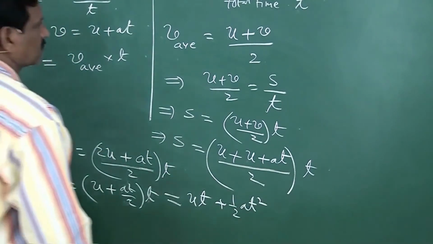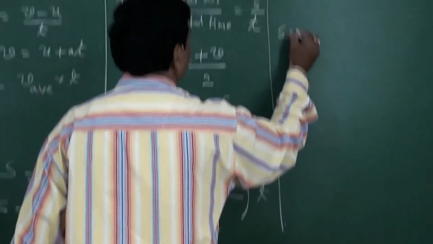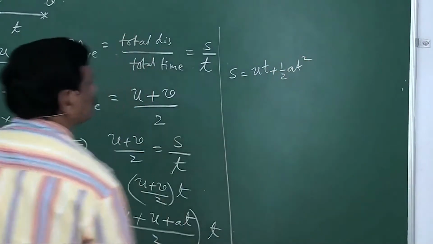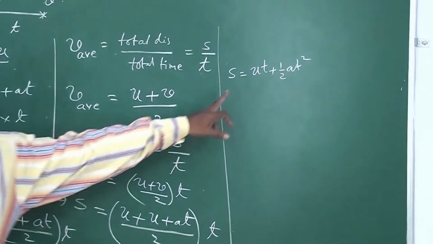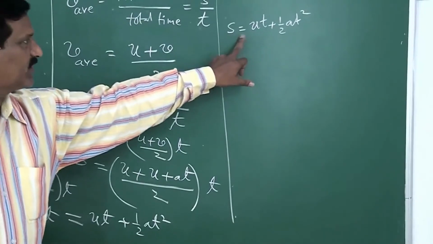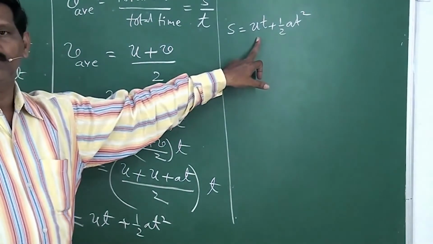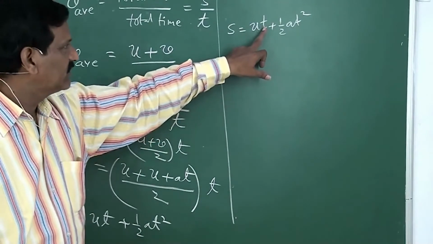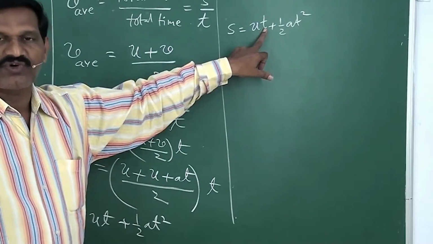So you can write s is equal to ut plus half at square. This is the displacement time relation. Using this equation, you can determine the displacement covered in a total time of t, say 5 seconds.